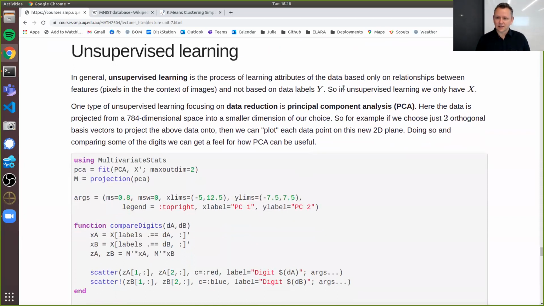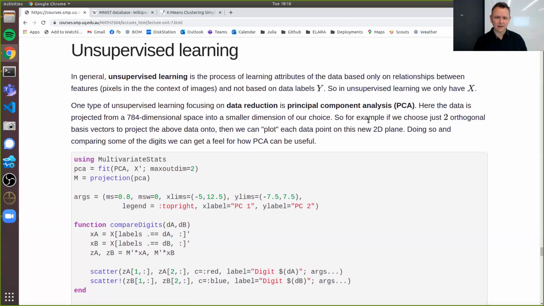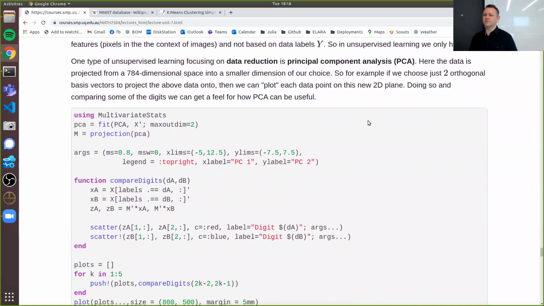If you think of the labels as represented by capital Y, and the data, the images or features that you get as inputs, as represented by capital X, then in unsupervised learning you're not worrying about Y. You're just dealing with X, and trying to figure out interesting things about the data knowing only X. We saw an image which had 784 pixels, and given there are only 10 digits, a vector space with 784 components is probably overkill to describe our data.